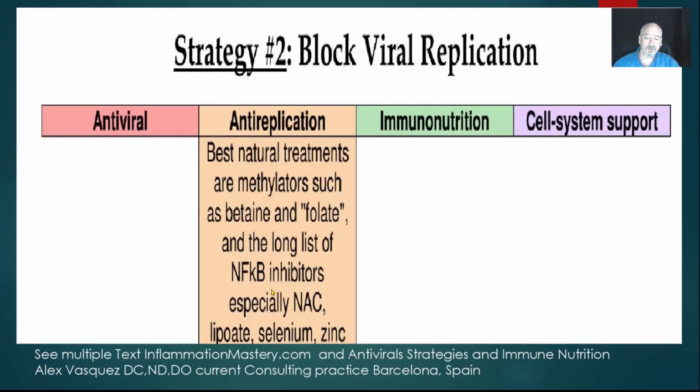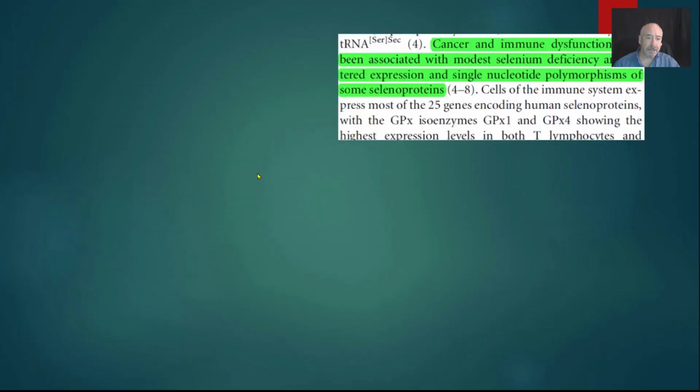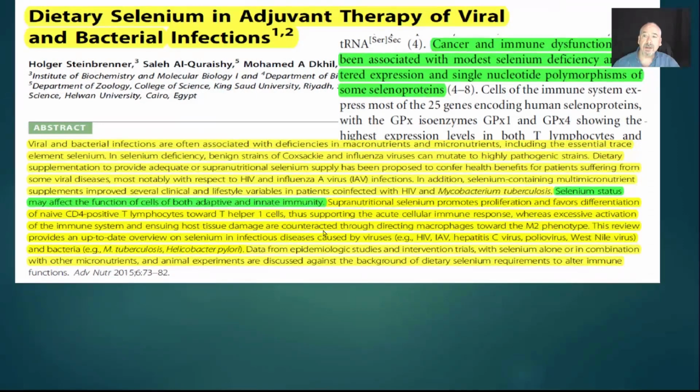Alpha lipoic acid, selenium, and zinc are beneficial again. Cancer and immune function have been known to be altered in the presence of more selenium. Having selenium as an adjunct is beneficial in viral infections and in our defenses against bacterial infections, as seen in several studies.